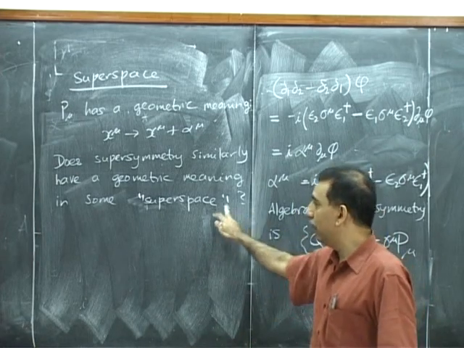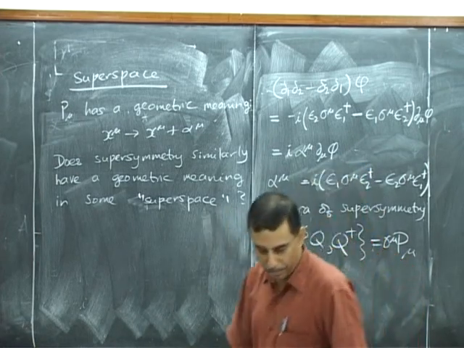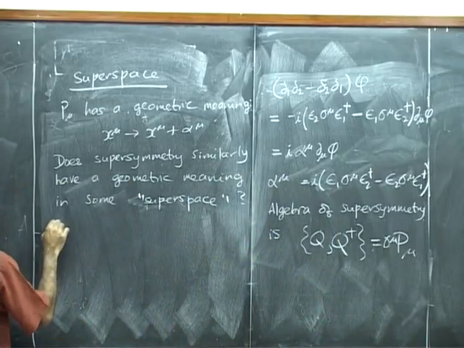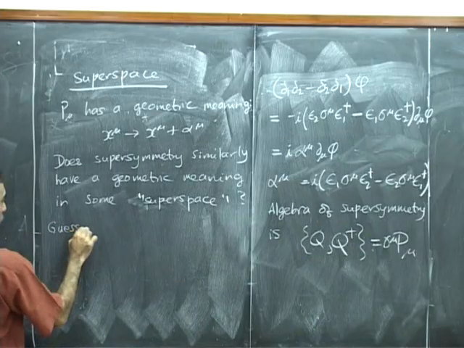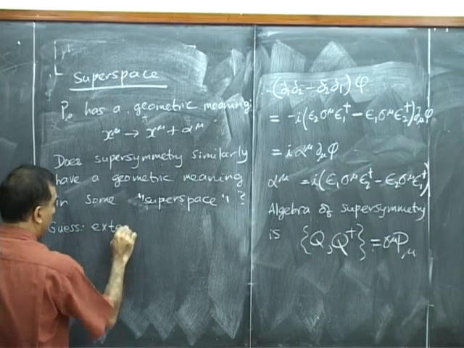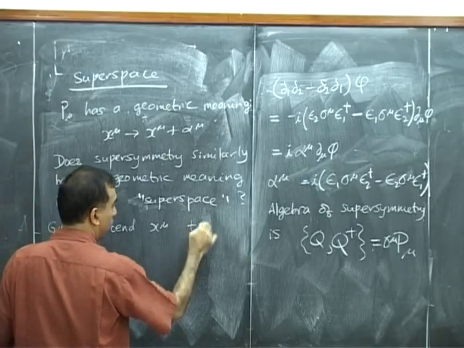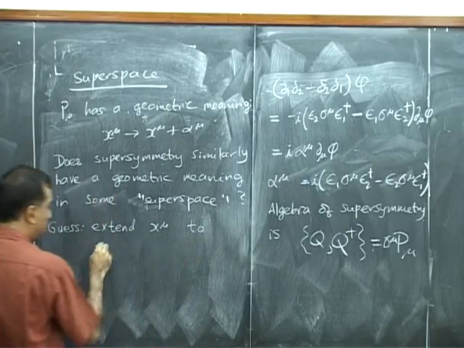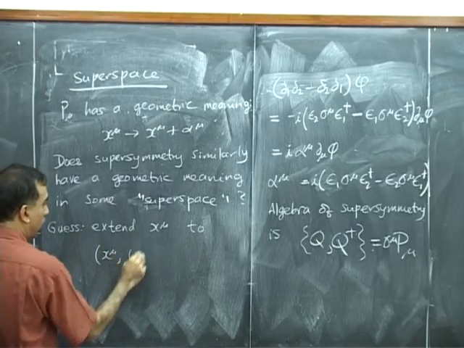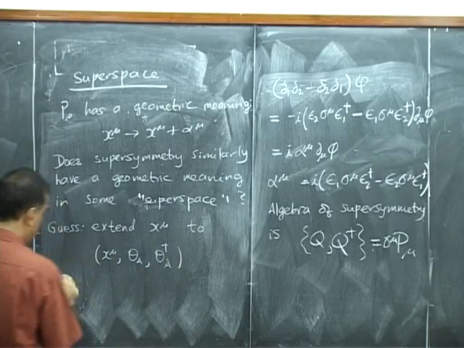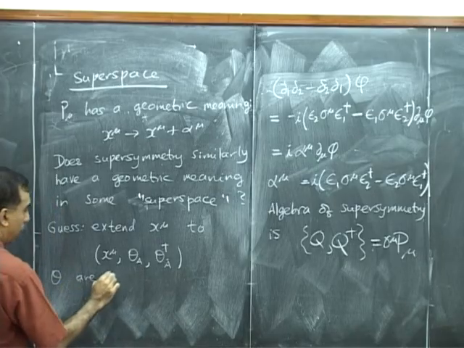Much better if we geometrize this symmetry. So here's a natural guess. We extend x mu, which is flat space-time, Minkowski space-time, to the triple x mu, theta alpha, theta dagger alpha dot, where theta are spinors.